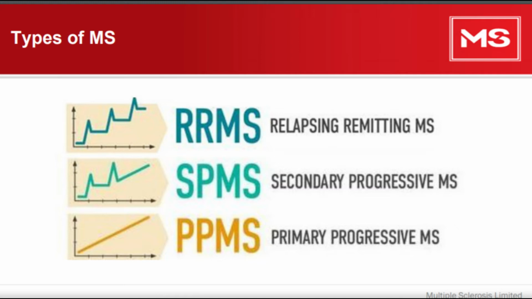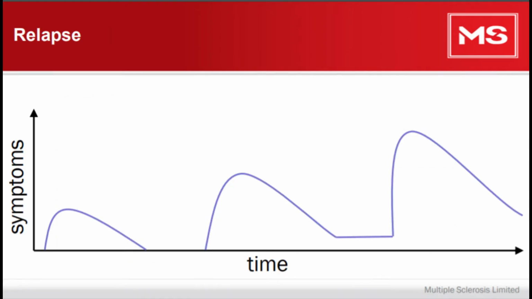Okay. So just to give you a little bit more information about a relapse, because obviously approximately 85% of people with MS have the relapsing remitting type. It's often referred to by different names. People might say an exacerbation or a bout or an attack or a flare-up or an episode, for example.